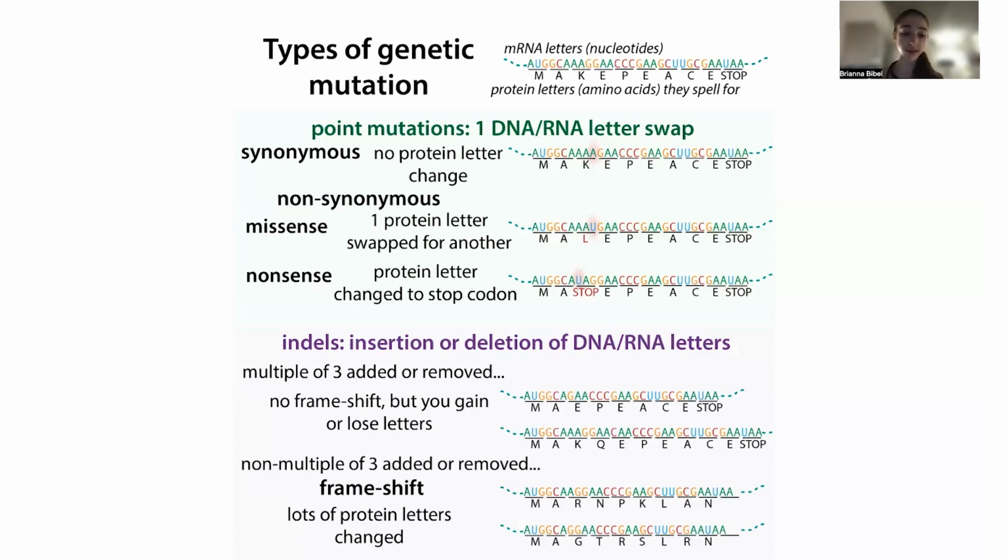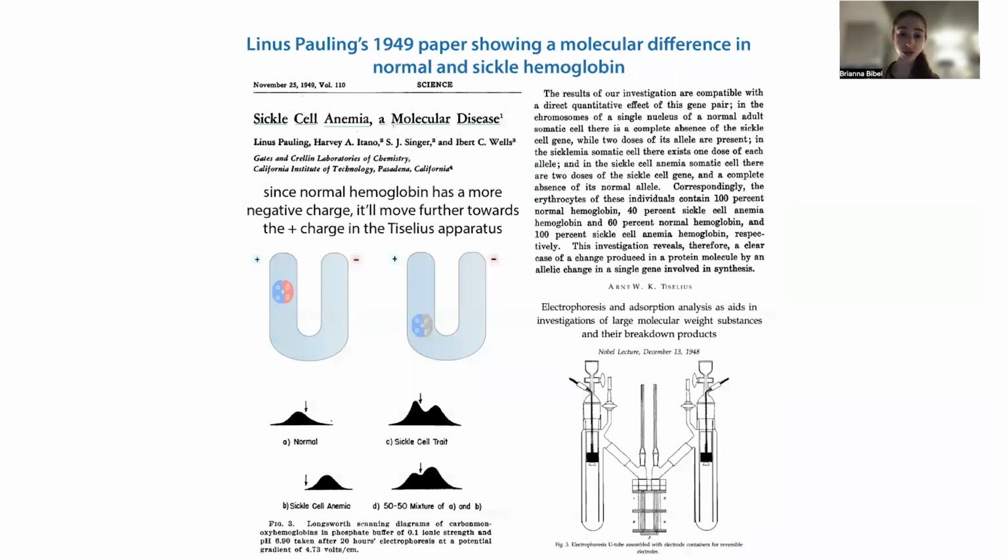And another cool thing about this change is that because you're going from something that's negatively charged to something that is not charged, it's going to influence how that protein behaves, how it's going to move in a charged field. And so we have techniques in biochemistry that use electrophoresis, basically using electricity to move molecules. When we're talking about electrophoresis in the lab these days, we're thinking of some sort of gel electrophoresis, something like an SDS-PAGE or an agarose gel, where we're using electricity to move molecules through a gel.